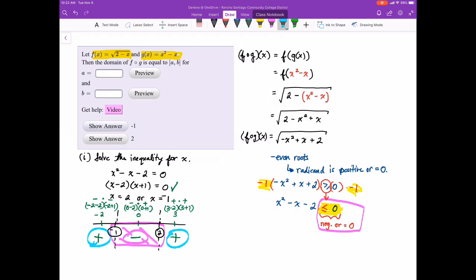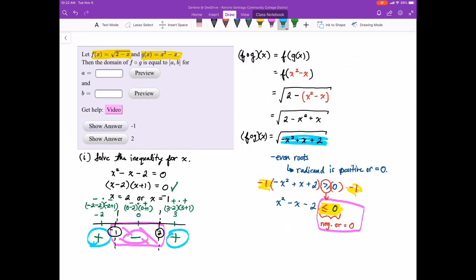This means that only in between -1 and 2 do we result in negative numbers. So we want to make sure that any number we plug in has to be between -1 and 2, therefore f composed with g will always remain greater than or equal to 0.